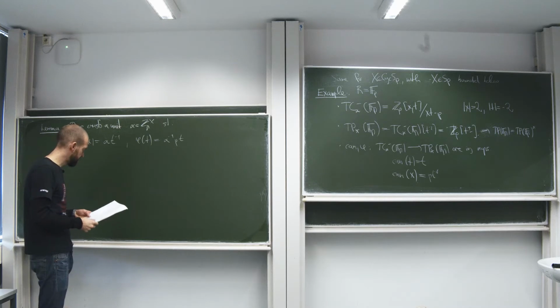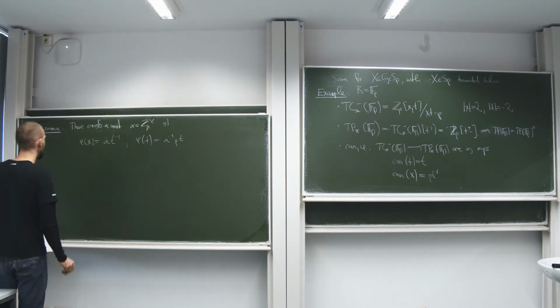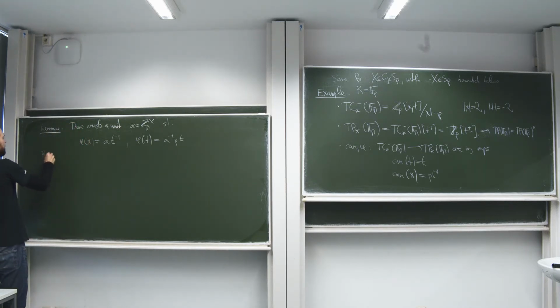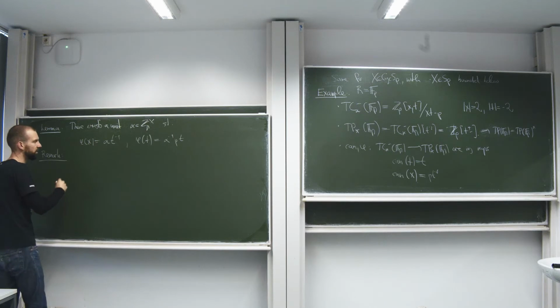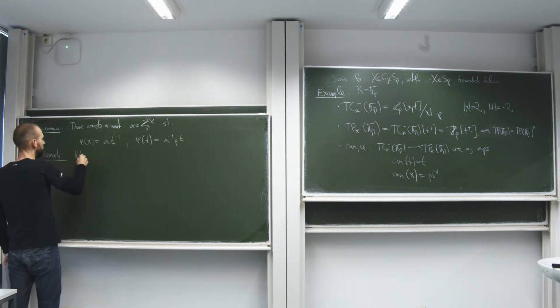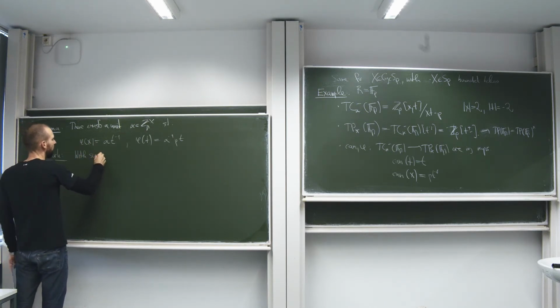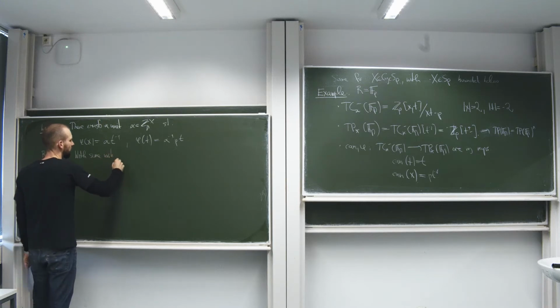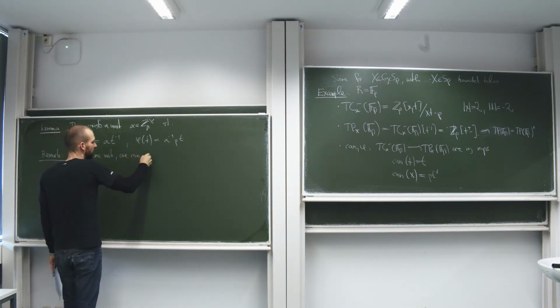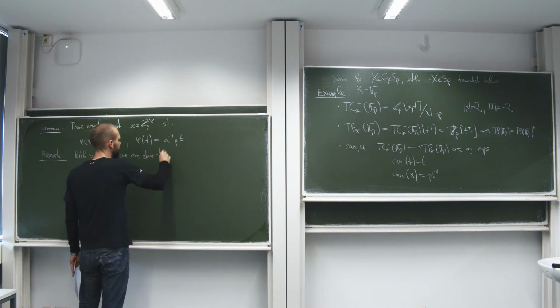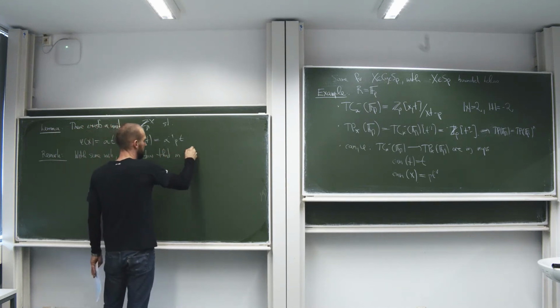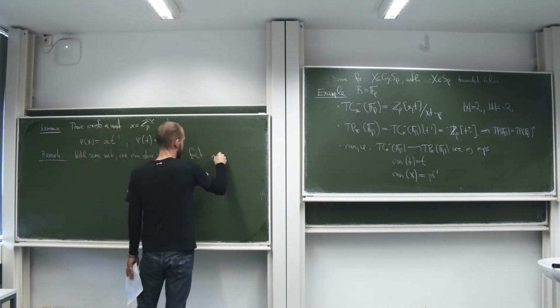And before I prove the lemma, one remark as an aside. We will prove the lemma in this form, but with some more care, with some more work, one can show that in fact alpha equals 1.